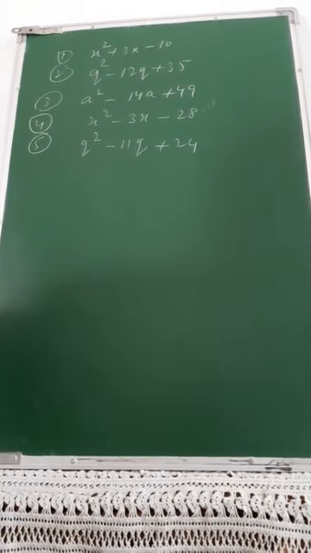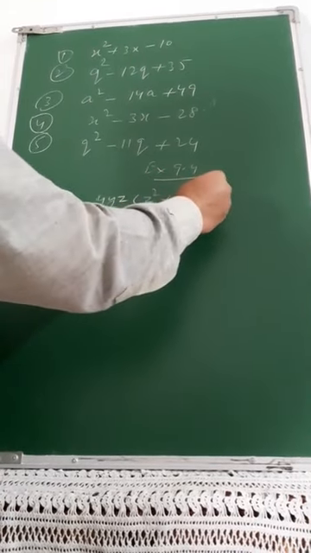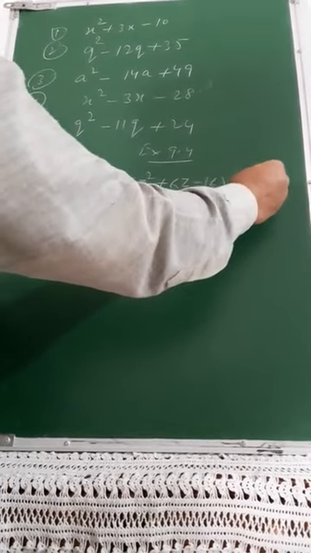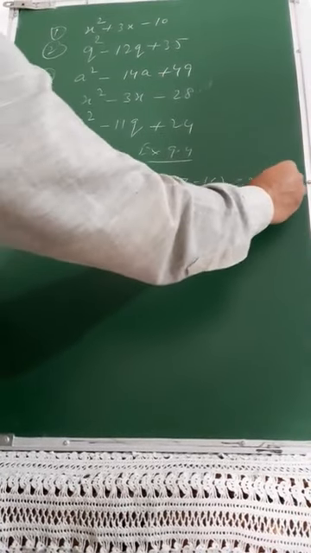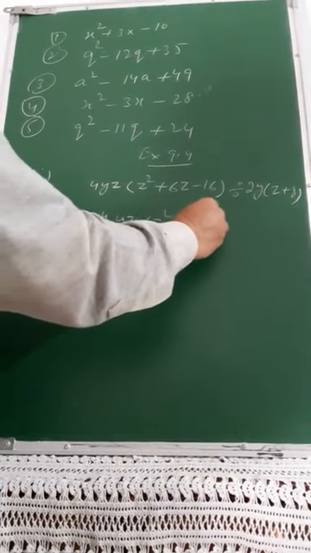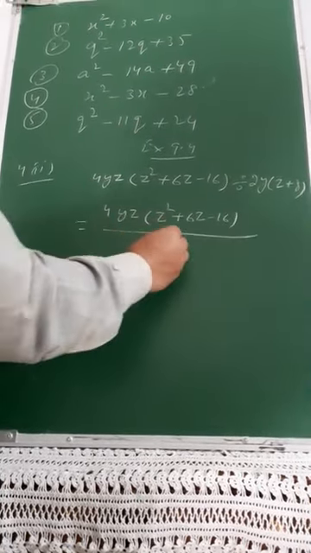That is 4yz into z square plus 6z minus 16, and you need to divide it by 2y into z plus 8.